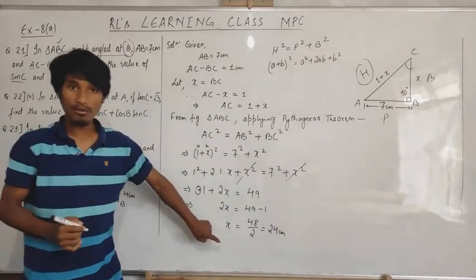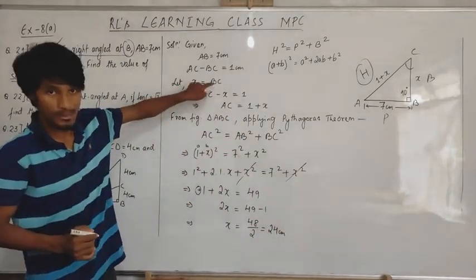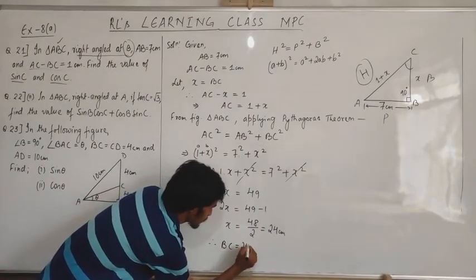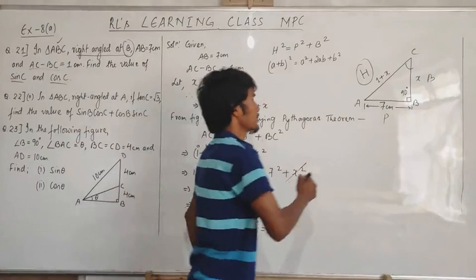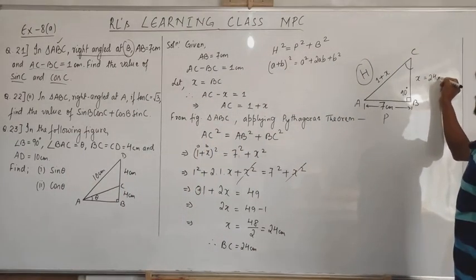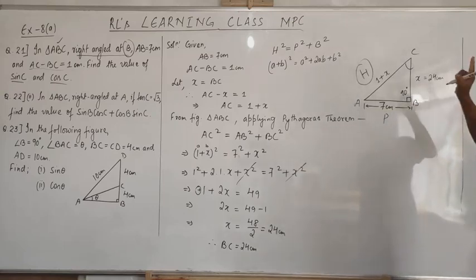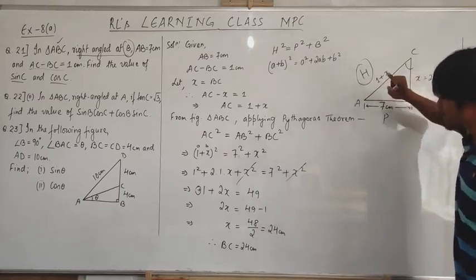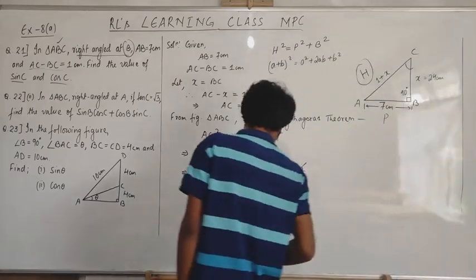Now we got the value of x. It means we got the value of BC. Therefore BC is equal to 24 centimeter. Now if x is 24, then I put here 24. 24 plus 1 becomes 25.